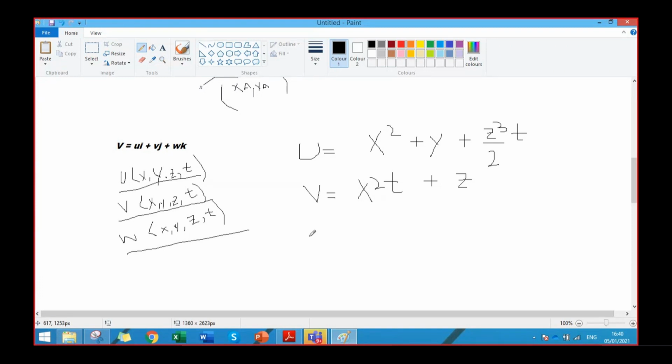And w can be another function, that is y square plus t square by 2. This is just a random function I've written. So the velocity vector would be x square plus y plus z cube by 2 t into i, plus x square t plus z into j, plus w, which is y square plus t square by 2, into k. Clear? So all these components are functions of x, y, z, t, because the position vector which is defining them is again a function of x, y, z and time. Clear?